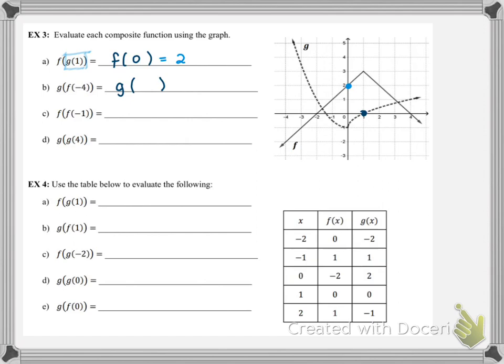So we're going to look for an x value of negative 4, the point on the graph of f corresponding to an x value of negative 4 has a y value of negative 2. So I replace f of negative 4 with negative 2. And then I want to find g of negative 2. So I look for an x value of negative 2, and the point on the graph of g has a y value of 1.